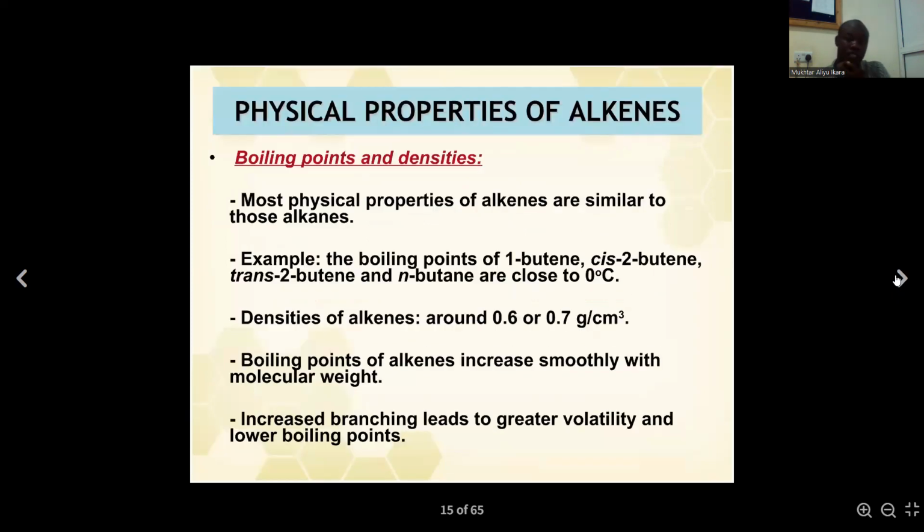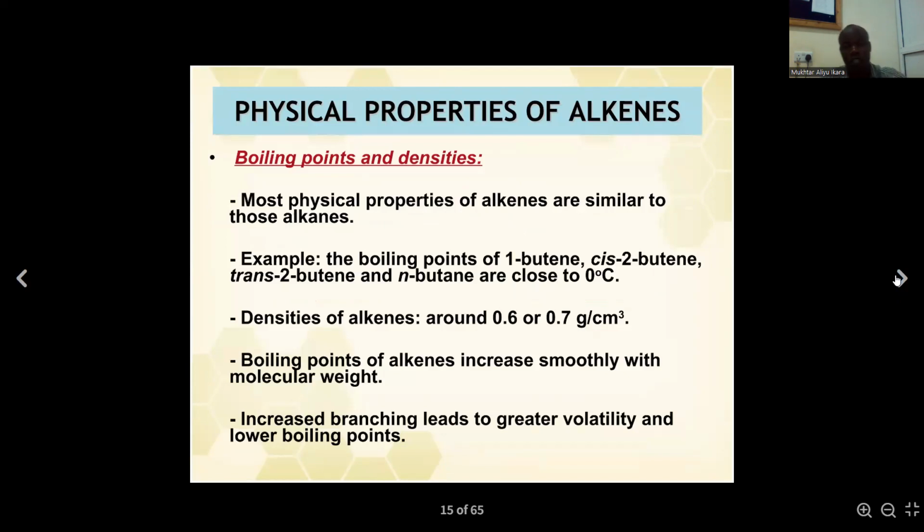Then the next thing is the physical properties of alkenes. The physical properties of alkenes include the boiling points and densities. Most physical properties of alkenes are similar to those of alkanes. For example, the boiling points of 1-butene, cis-2-butene, trans-2-butene and n-butane are close to 0 degrees centigrade.